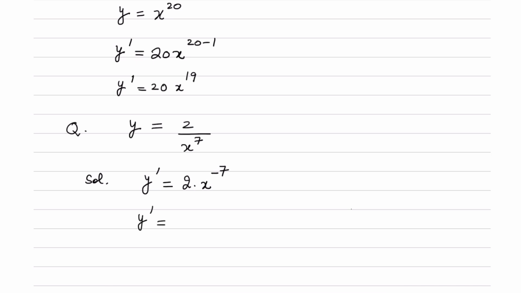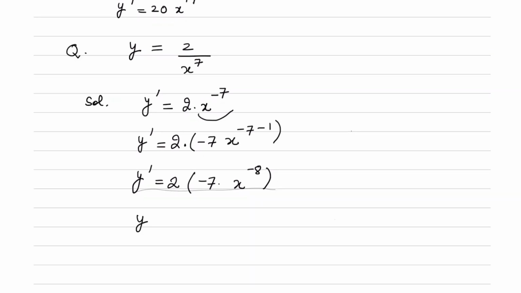So we will keep 2 on the side and then apply the power rule on x to power minus 7. What does it do? Minus 7 comes on the side, x to power, and subtract 1 from the power, which gives you 2 into minus 7 into x to power minus 8, which gives you minus 14. And then we can bring x to power minus 8 down by writing it as x to power 8.